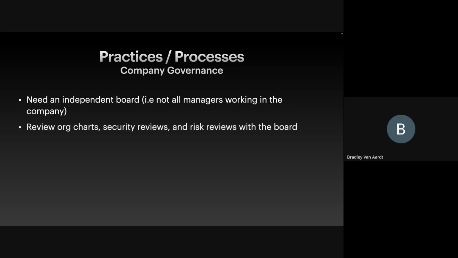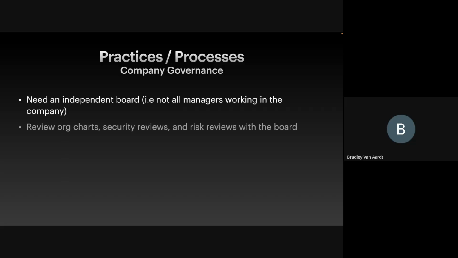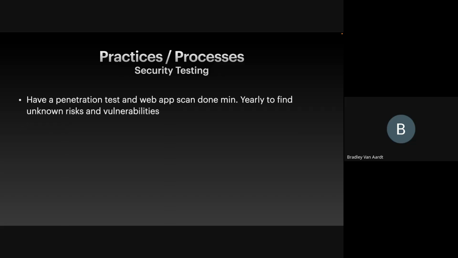The board's job is to review org charts and make sure that security reviews are done. So they'll look at pen test results and your risk reviews, and the board needs to sign off on those each year. What you should do is get meeting minutes from the board meeting where they did that.